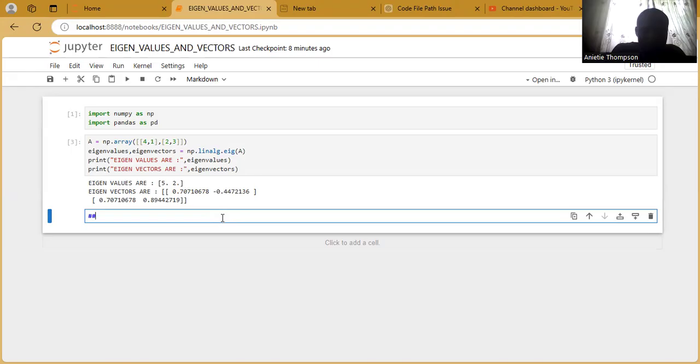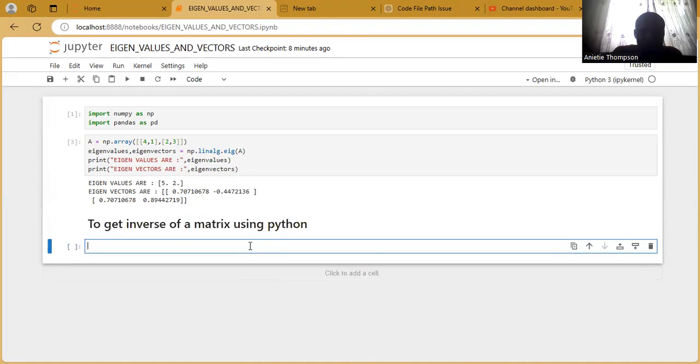So let me say, to get the inverse of a matrix using Python, in Python.